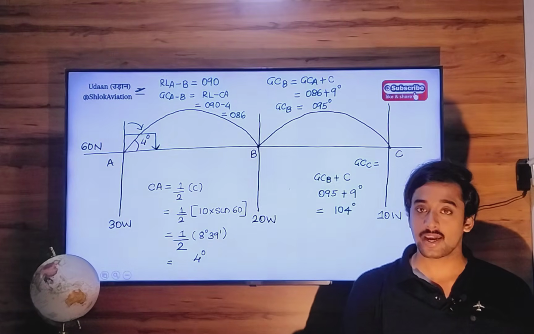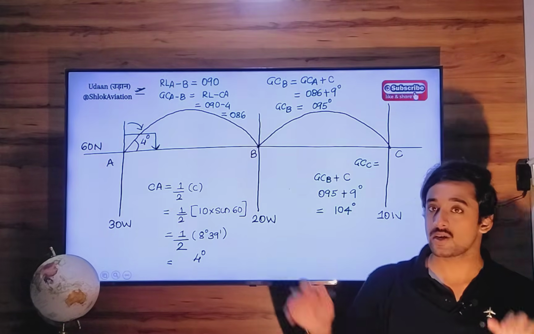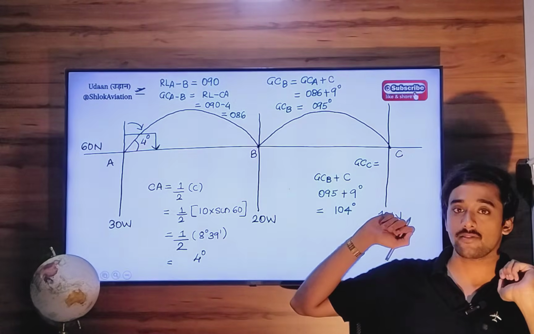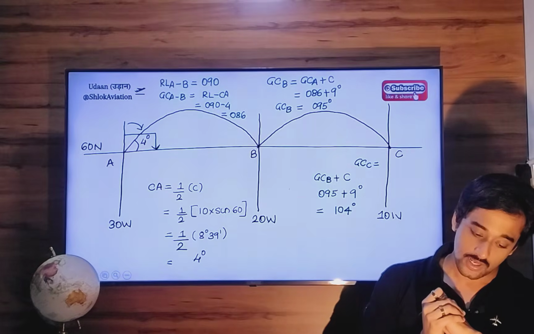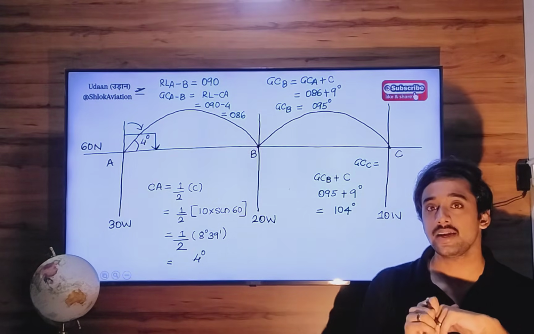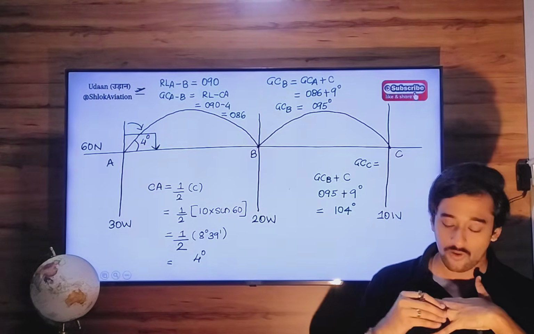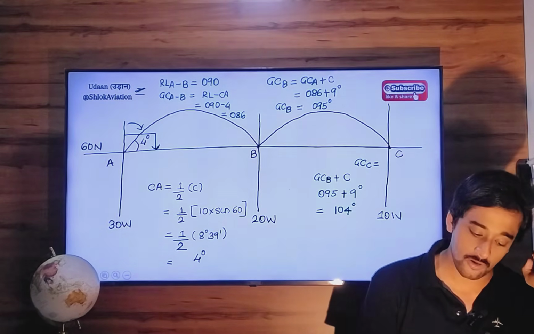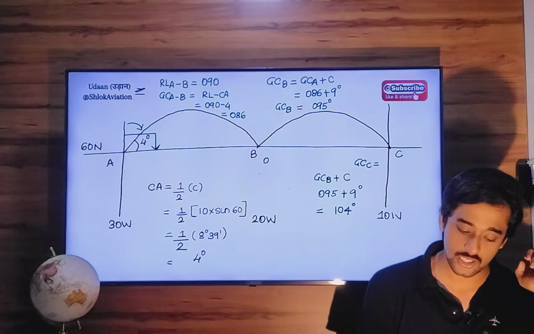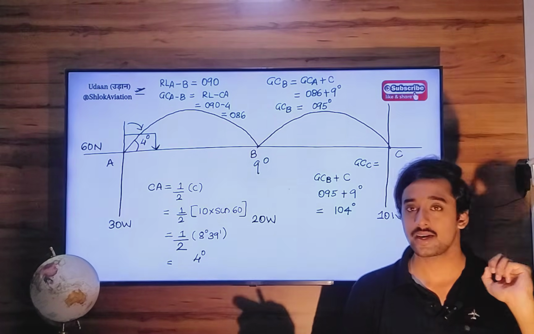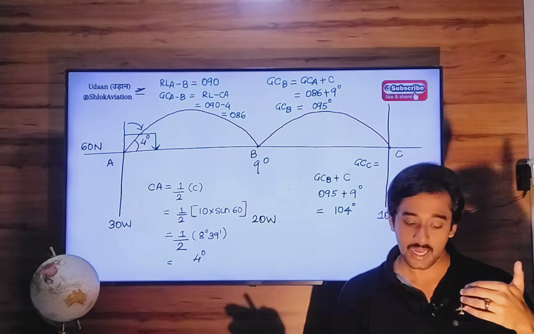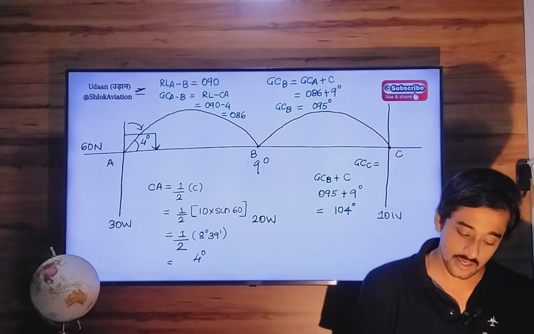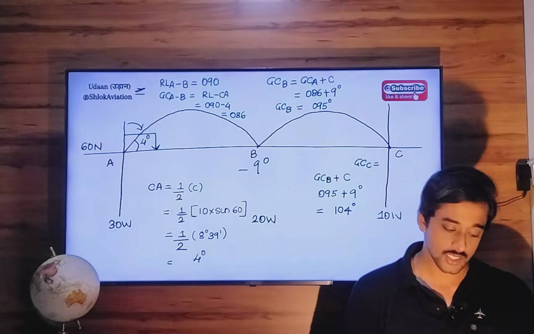So the change in track when passing waypoint 2 is equal to 95 minus 104, which is minus 9 degrees. While you are going from A to B, at point B there will be a change of 9 degrees. Minus 9 degrees because great circle track at B is less than great circle track at C. So minus 9 degrees is your answer.